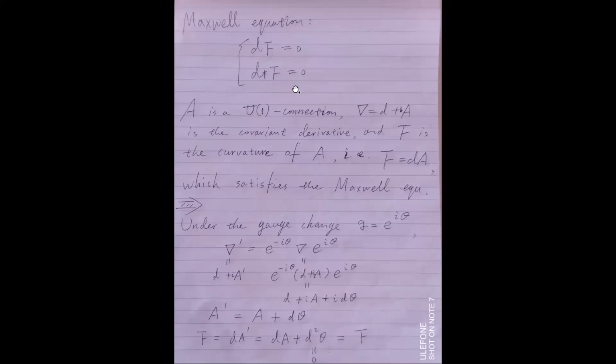So why do we want to interpret this electromagnetic field in the connection and curvature language? Because of the following: if we consider the Schrödinger equation, this capital phi is the wave function, describing, let's say, an electron, and we assume it's independent of the time t.